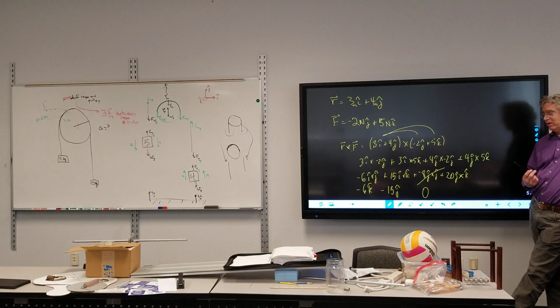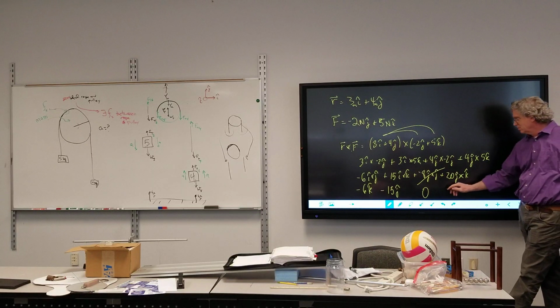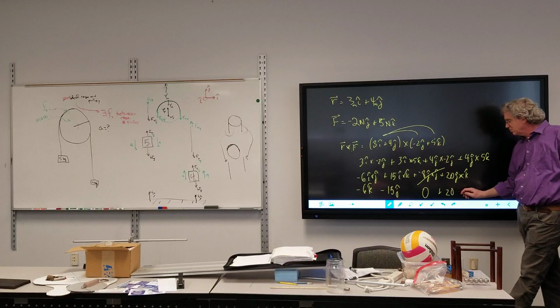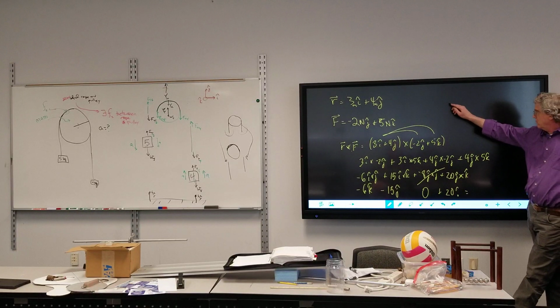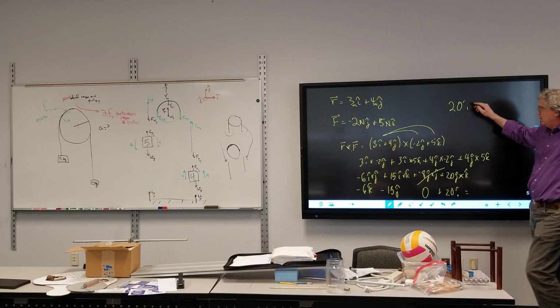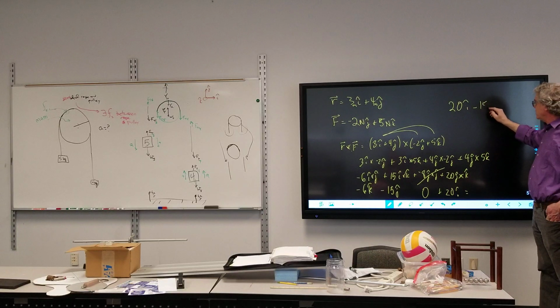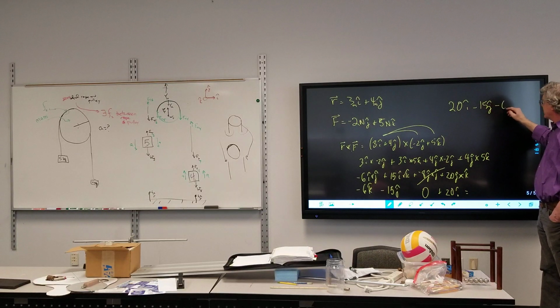If I have two parallel vectors here, their cross product has to be 0. And then j cross k. So I end up with 20 i hat minus 15 j hat minus 6 k hat.